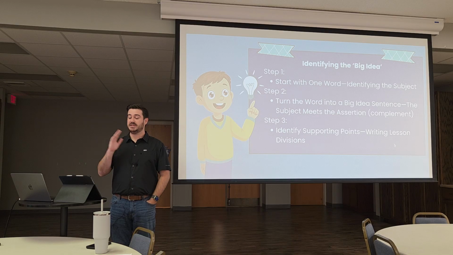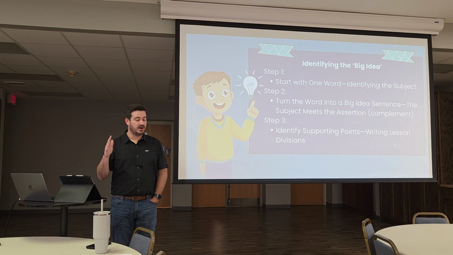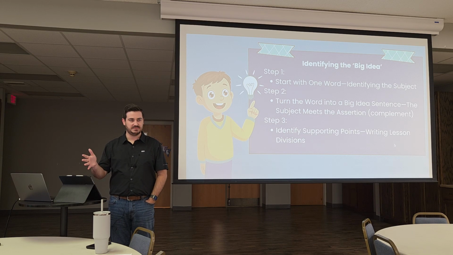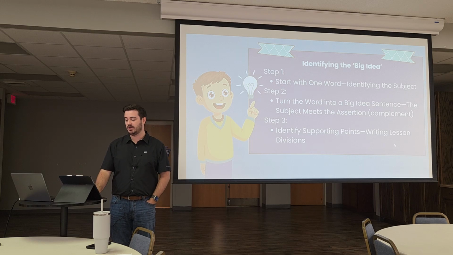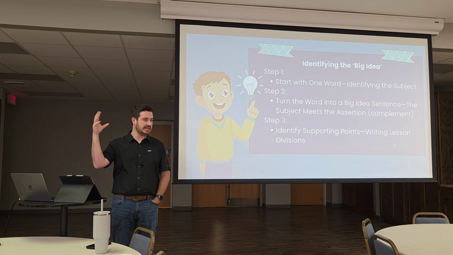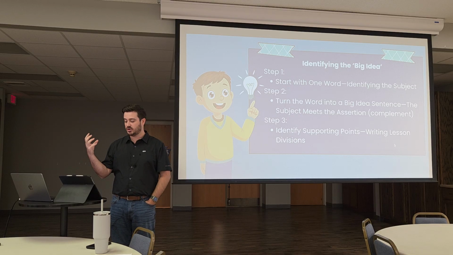That is the big idea of the lesson I would be preparing here. A heart that is broken because of sin is fertile soil for God to work with. Everything in the lesson is going to revolve around that core idea.